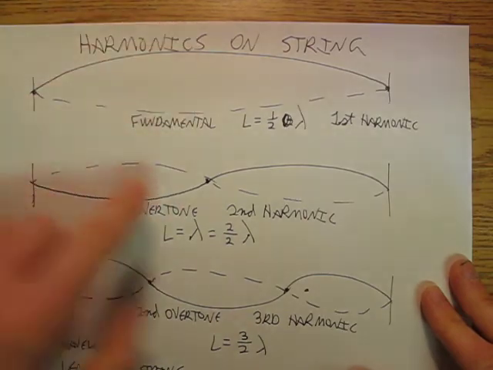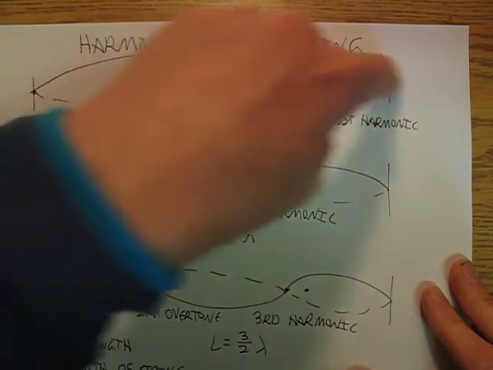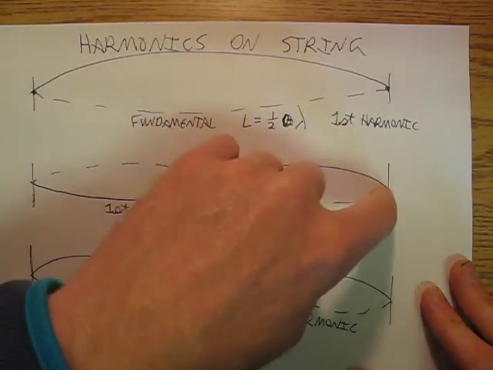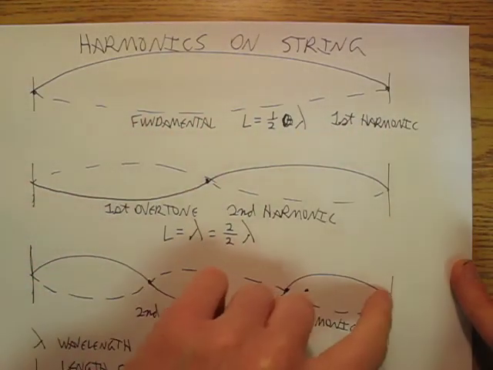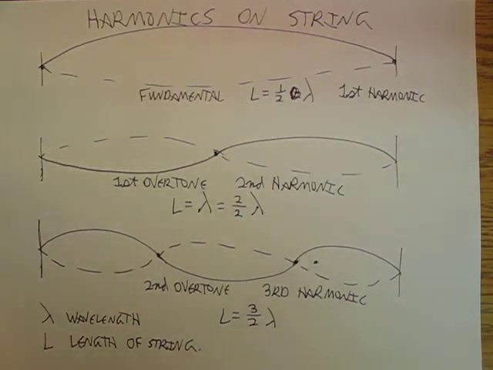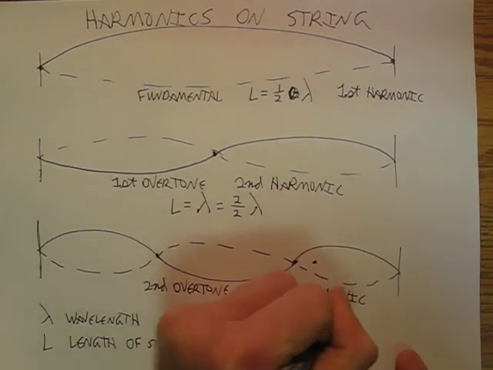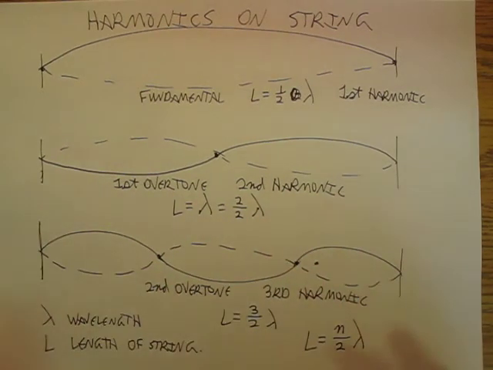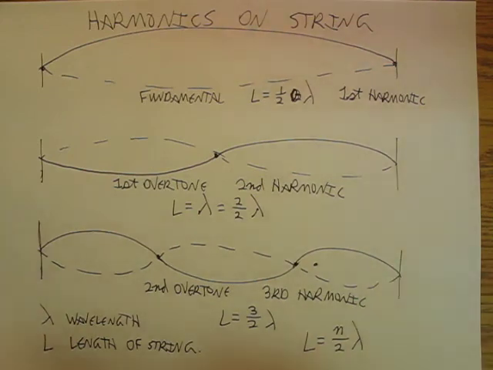And so in that case, however long this is, that's half a wavelength, 2/2 of a wavelength, 3/2 of a wavelength, and then we go on to 4/2, 5/2, 6/2. And so my harmonic series is basically given by L equals n/2 lambda. And that's the harmonic series for a string that's fixed at both ends.